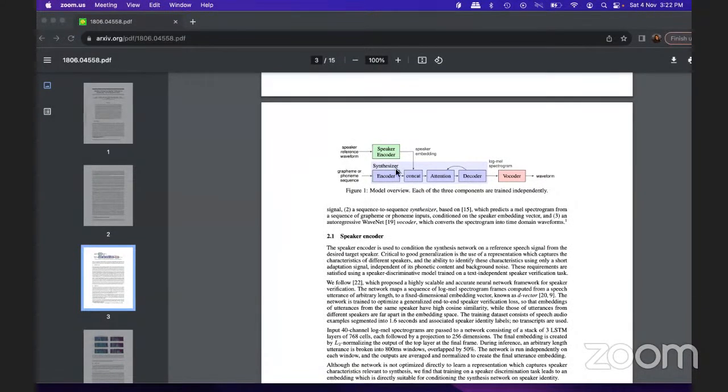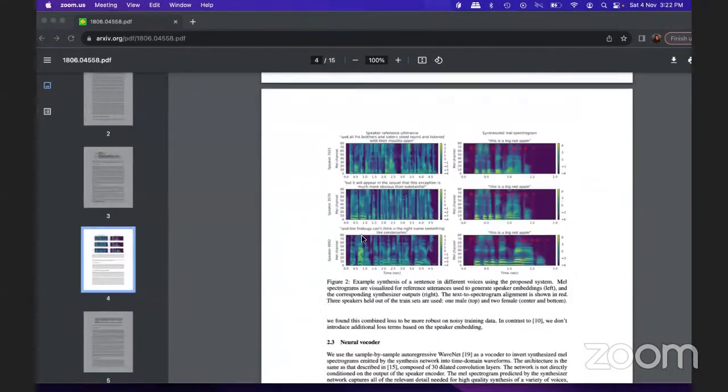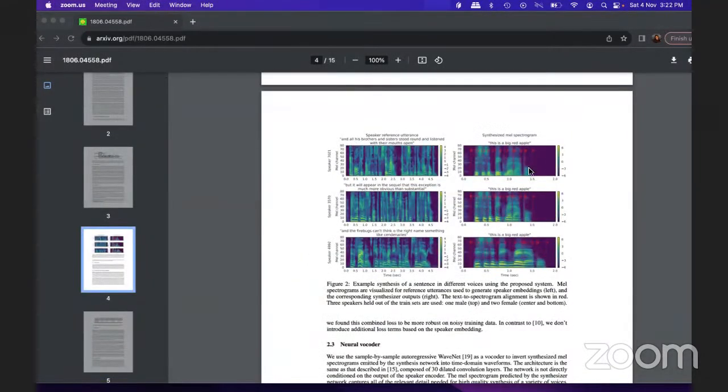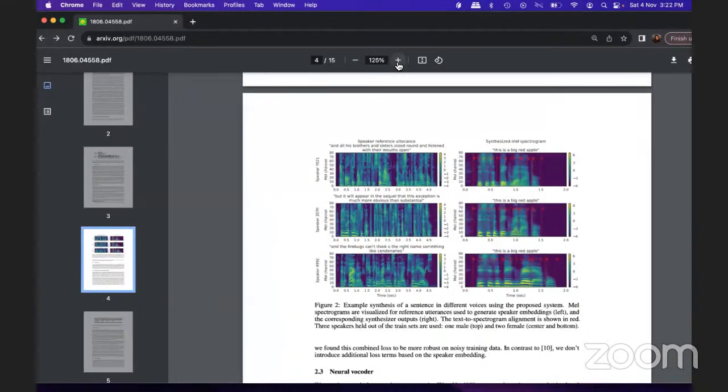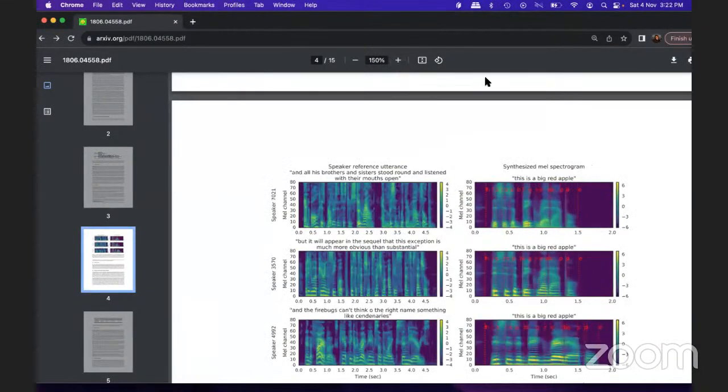And then the synthesizer module. As Susinda had explained earlier, there is the phoneme. You can see on the right, for the sentence "this is a big red apple," the sound of each word is the phoneme.